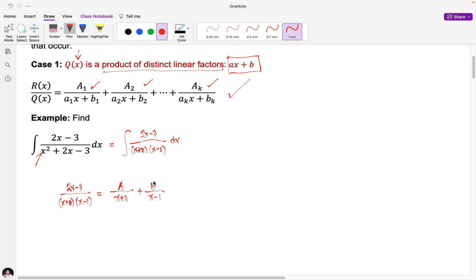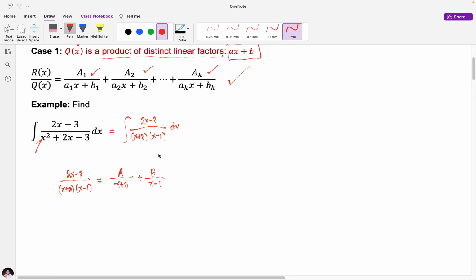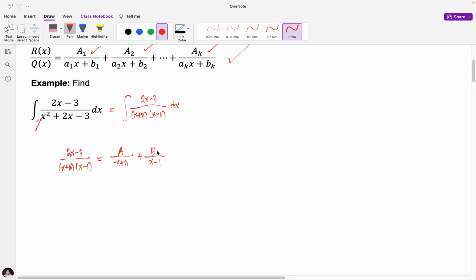Instead of A sub 1, A sub 2, I just used A and B, so that we will not be confused later with the subscripts if we use A for all the letters or variables. After that, we must solve for A and B. What should be the values of A and B so that this decomposition, if you take the sum of these partial fractions, is equivalent to the given rational function.